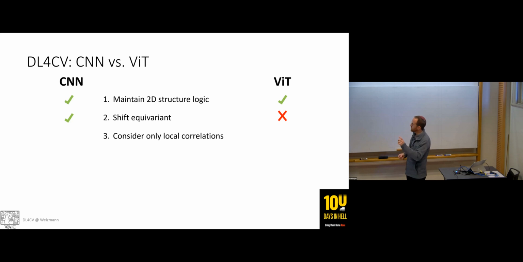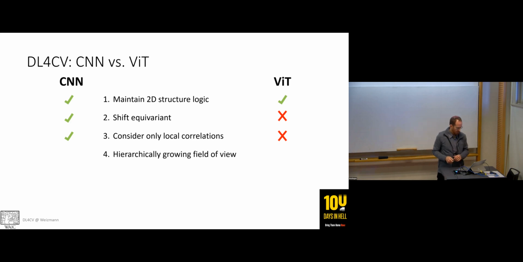Local correlations, local patterns. What do you think? Yes for CNNs, no for ViT. Exactly. In CNNs, we consider local patterns, and as Asaf showed, this is very advantageous because we can build this hierarchy of representations. We don't have that in the transformers because we have attention to the entire image. What about a hierarchically growing field of view?